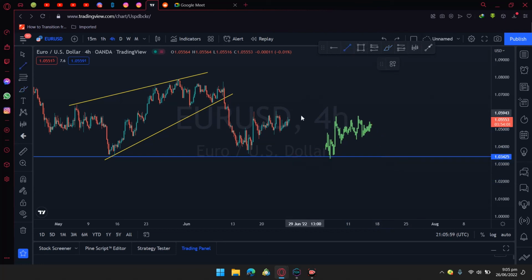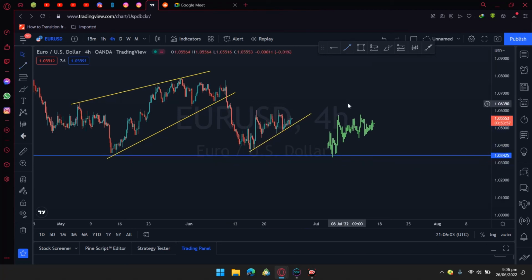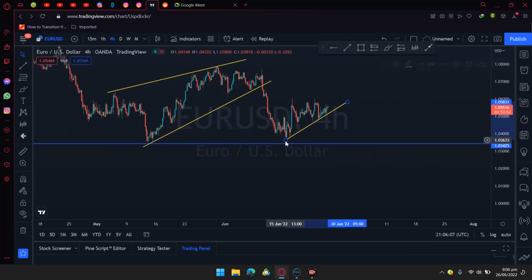Let's keep it simple. These are our two most recent touches here.